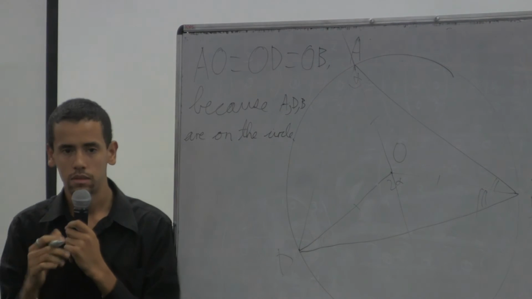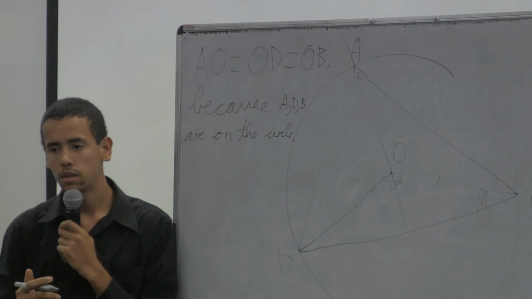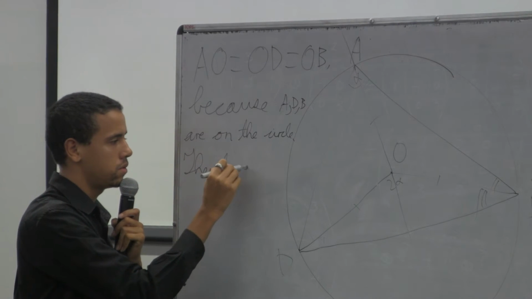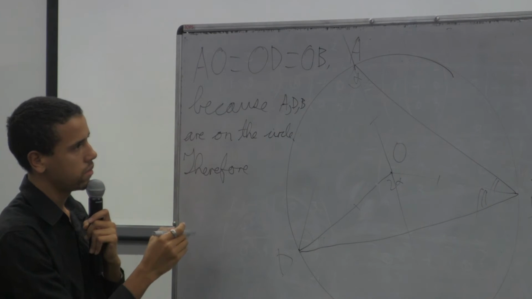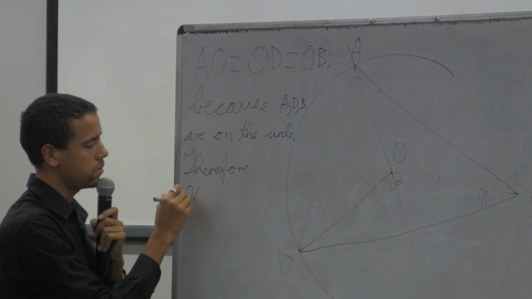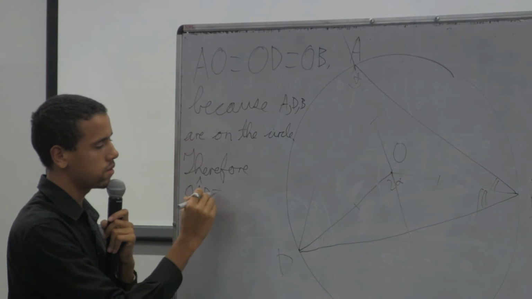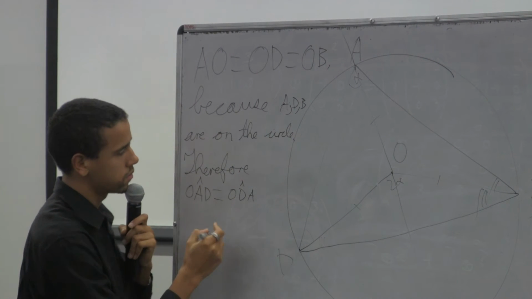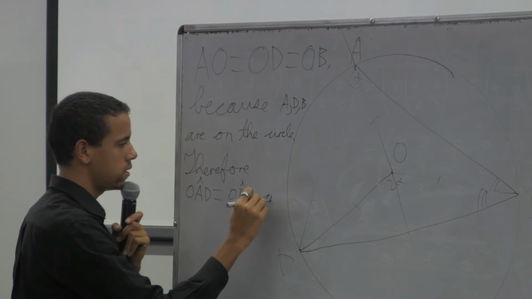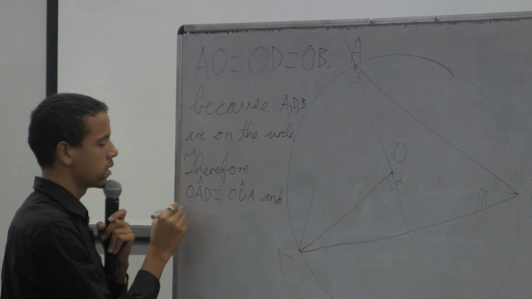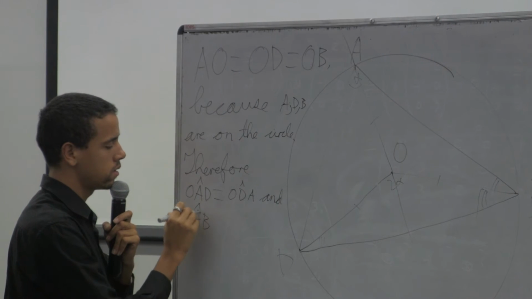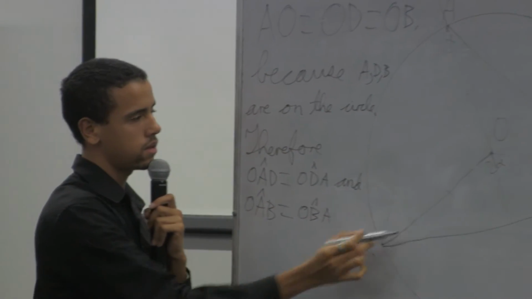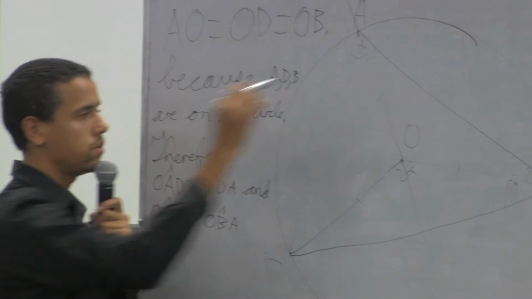So this is just saying that those 3 lines are equal, and therefore angle OAD is equal to ODA, and OAB is equal to OBA. Okay, so you're saying that angle is equal to that one, that angle is equal to that one.